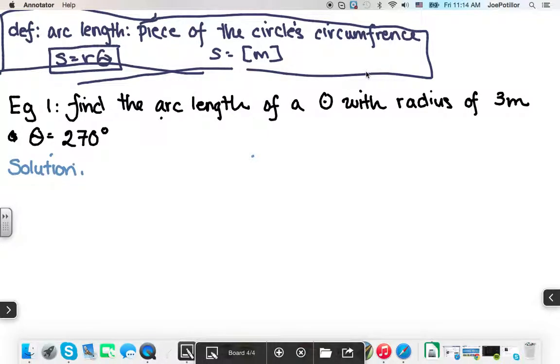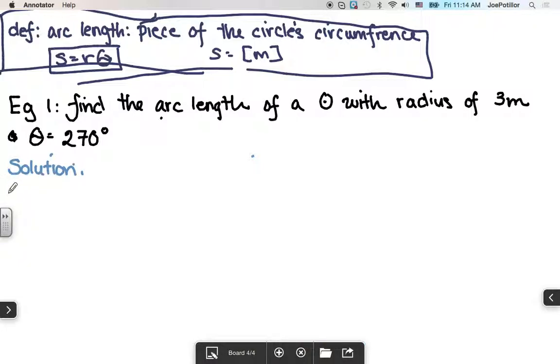So the solution for this problem is really simple. Alright, so we're going to have to convert. The first thing we want to do is convert theta into radians. And how do we do that?